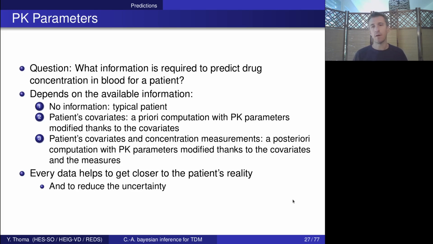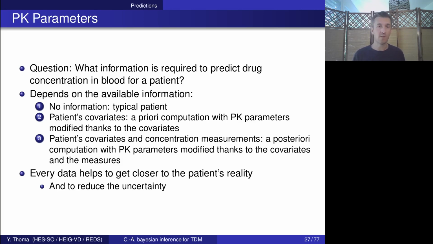So now we have this idea of we have equations that can be used to predict something. We need parameters on this. And so how do we predict based on what kind of data? So we have three different approaches. Basically, with no information, that would be the typical patient. So the person we don't know anything about, we can try to do our best to predict something for this typical patient. Then we should usually have some information about the patient covariates.